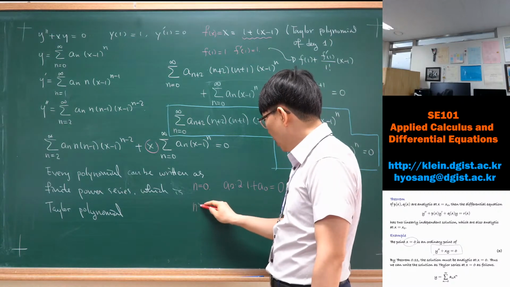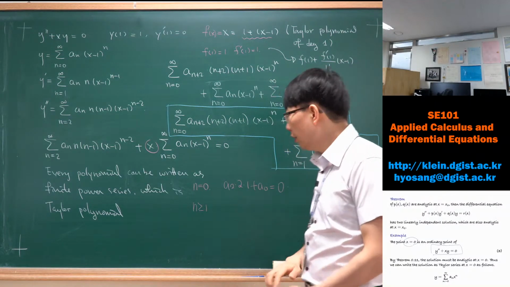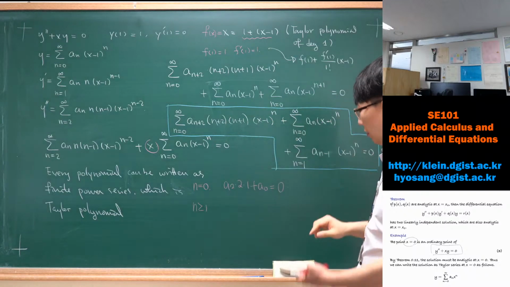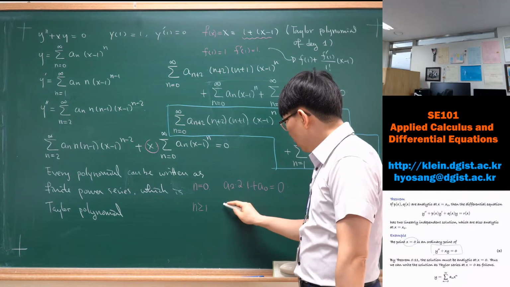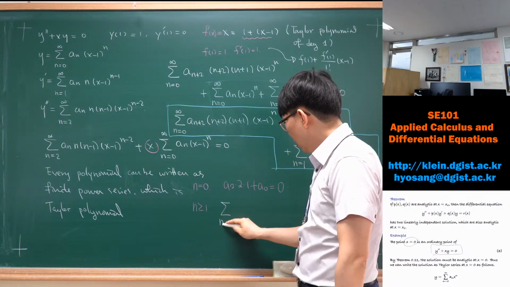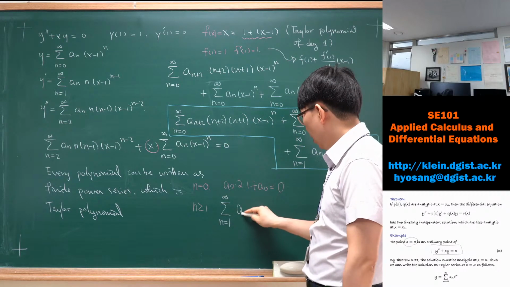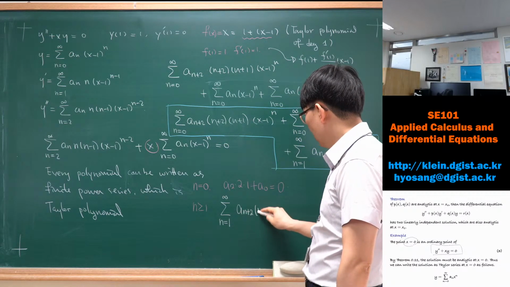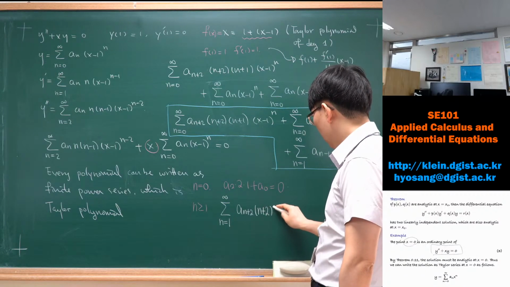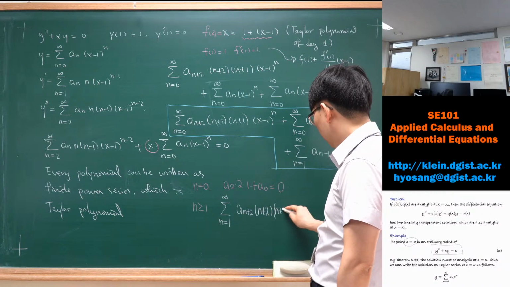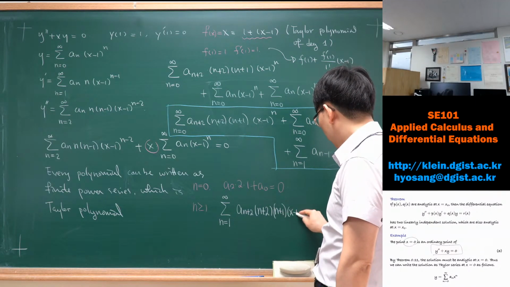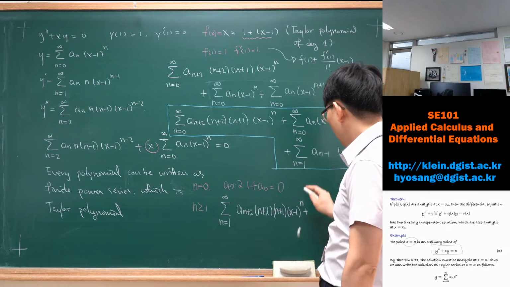So now, when n is bigger than or equal to 1, let's collect all the terms here. We have the sum from n equals 1 to infinity of a n plus 2, n plus 2, n plus 1, x minus 1 to the power n.